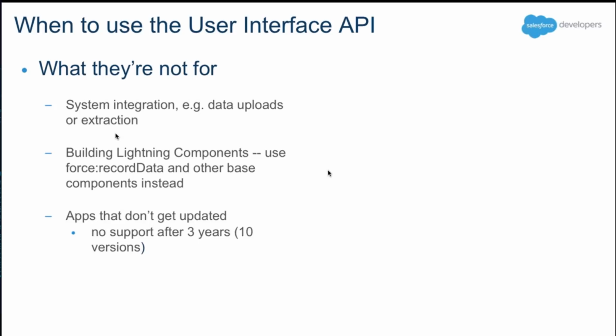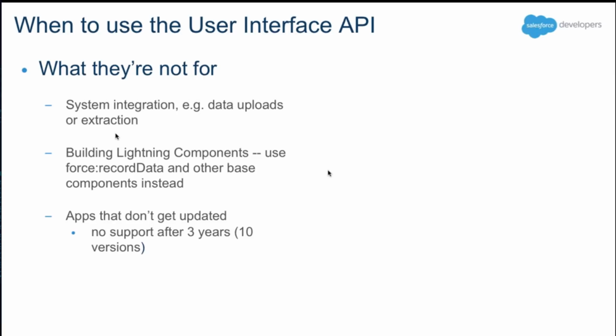Well, like we talked about, we have APIs that are purpose-built. So, they're great for building user interfaces. But what if you're using Salesforce API to do data uploads or system integration or data extraction?